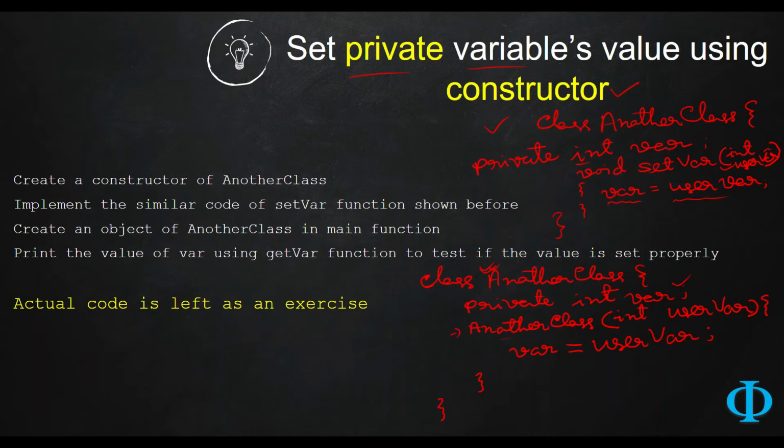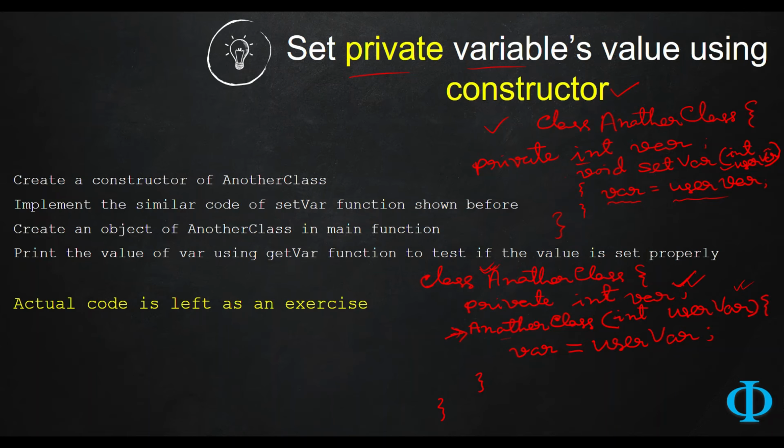This way you can set the value of a private variable using a parameterized constructor. Now just as a tip, you can use a parameterized constructor with many different variables as parameters, and set many different values of many different private variables.